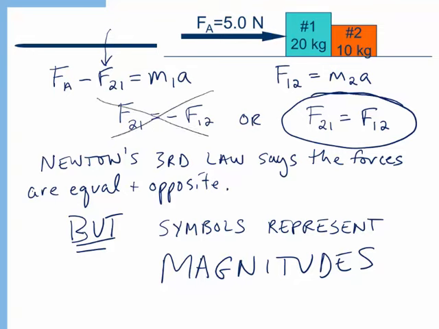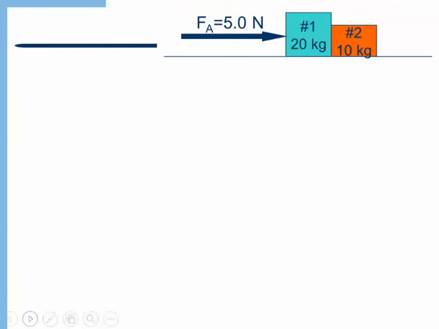The other option is not correct. When we're ready to substitute so that we get down to two unknowns, we want to understand that F21 and F12 mean the same thing. They're the magnitude of that contact force. Once we've sorted that out, we can go ahead and solve the problem. So let me again write down our two equations. We had Fa minus F21 equals m1a, and F12 is equal to m2a.